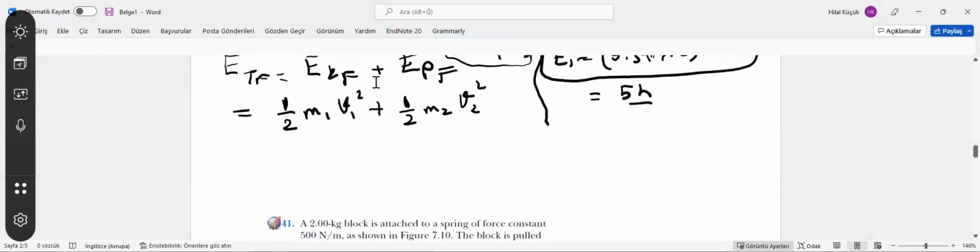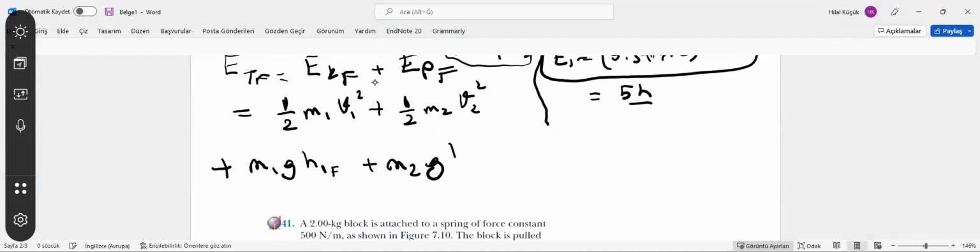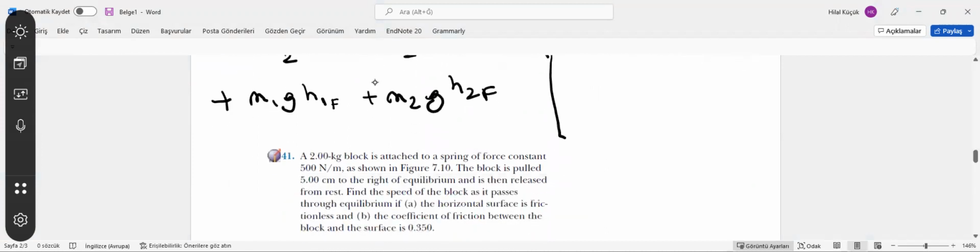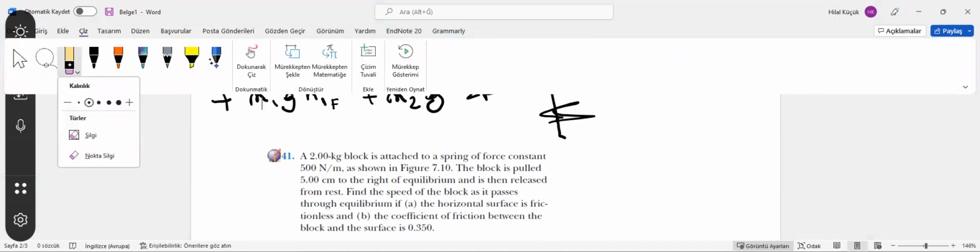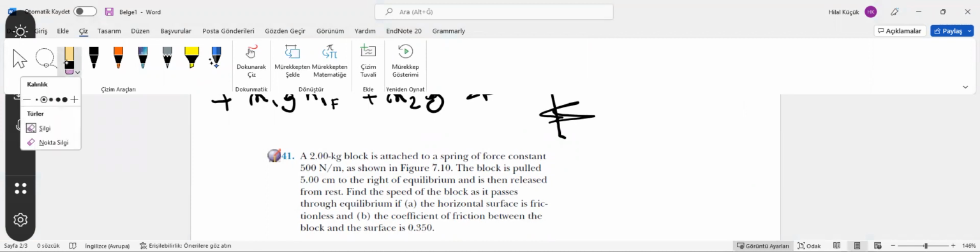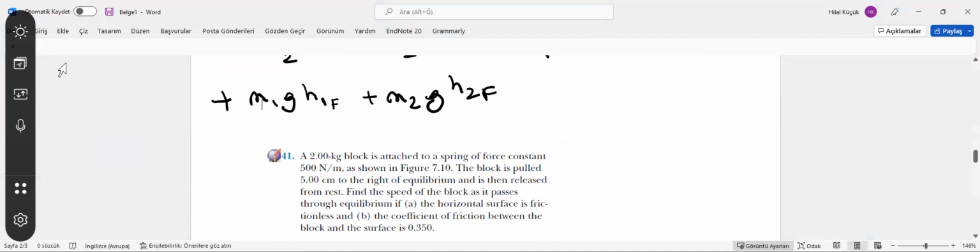Now I will write the potential part. I know m1 g H1 final plus m2 g H2 final. How can I write that part? Please wait.